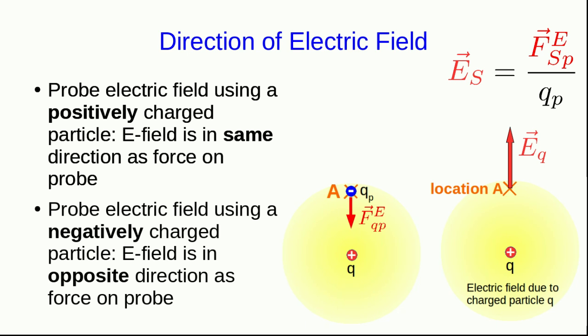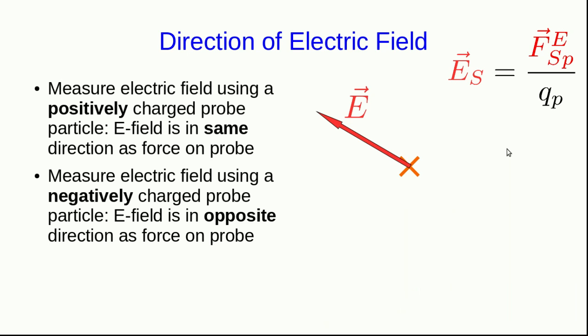And so now, because we know the electric field can't depend on the charge on the probe particle, that's telling us that the electric field is in the opposite direction to the force on the probe particle. Well, once again, from the definition, that makes sense. When you take that force and you divide it now by a negative charge, when you divide a vector by a negative scalar, you get a new vector that points in the opposite direction.